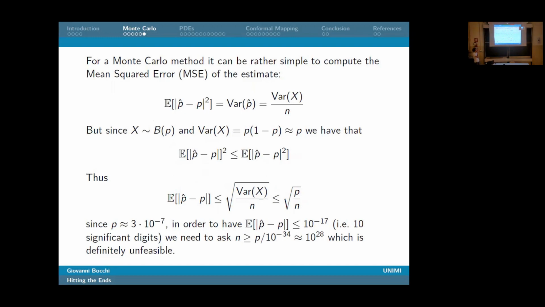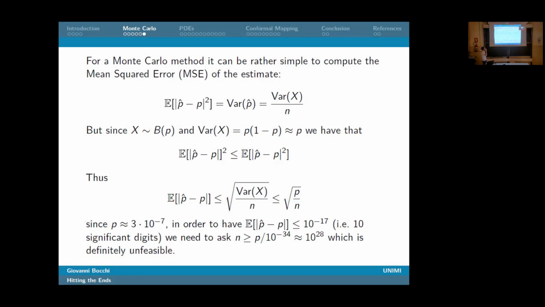So we have a way to measure essentially the error of a Monte Carlo approach. We could try simply to compute the mean squared error of our prediction, that by definition is essentially the variance of our estimator for P, that being obtained as a sample mean reverts just to the variance of our random variable X divided by n.